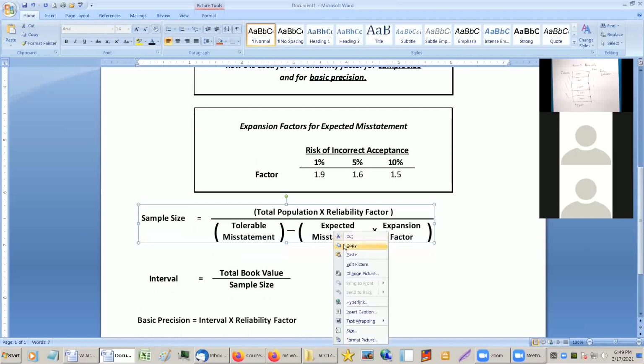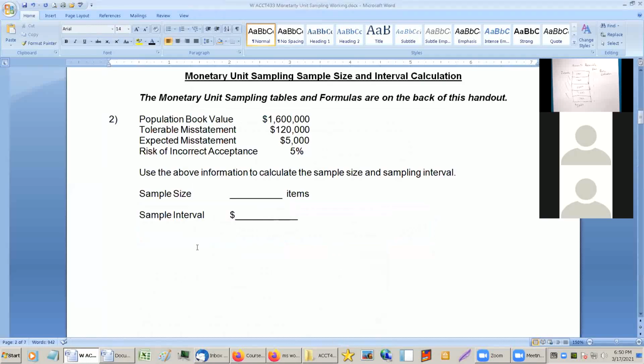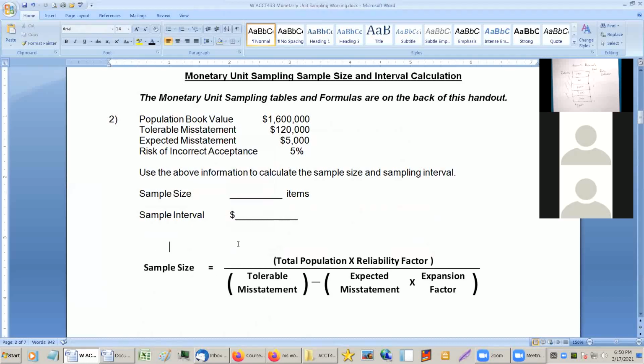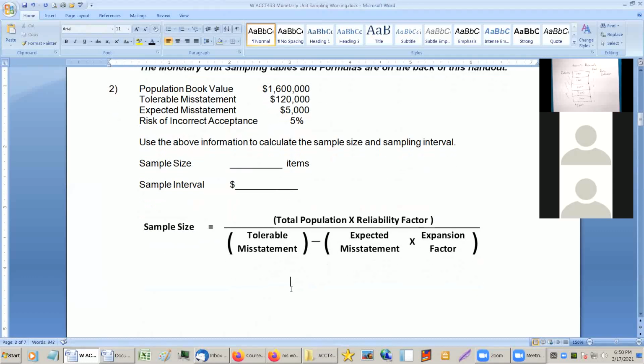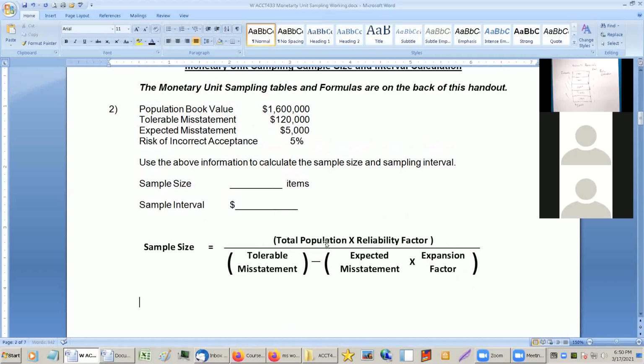Okay, I'm going to copy that right in there. I should have done that in the first place. Okay, so our sample size, we take the total population times reliability factor and divide by all that stuff.